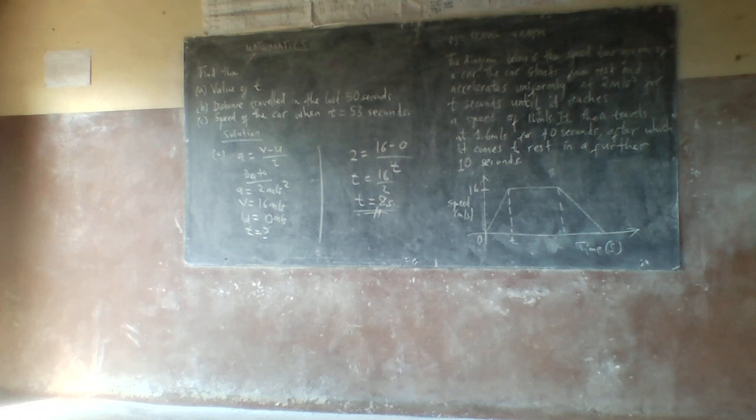So we are calculating area. To calculate distance under the speed time graph, we need to calculate the area which has been covered. That's how you answer. To calculate distance, we have to calculate the area.